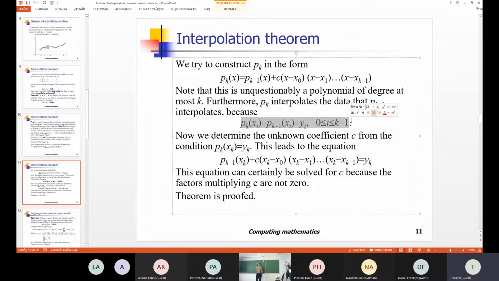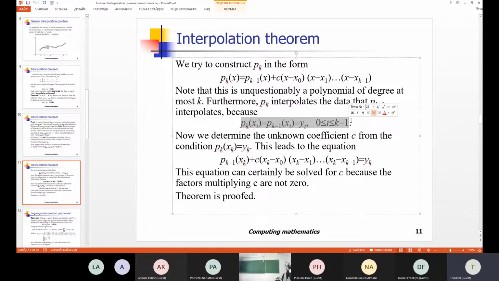So the values are the same at the points x0, x1, x2, and so on, for the points from x0 to x_{k-1}. And we skip the last point.